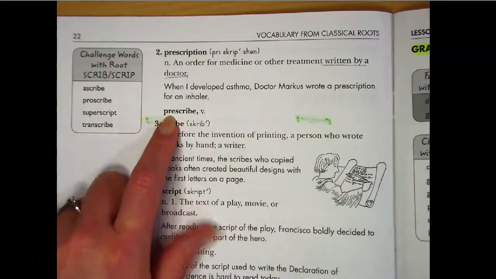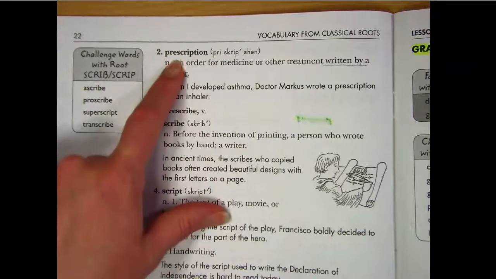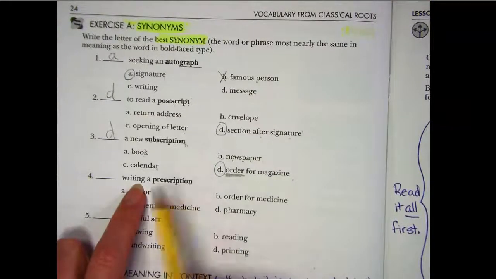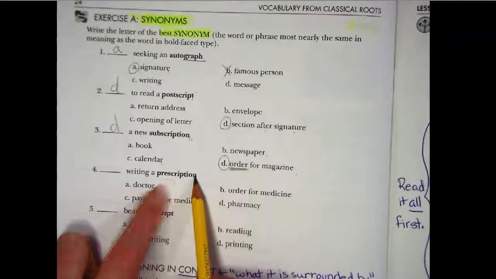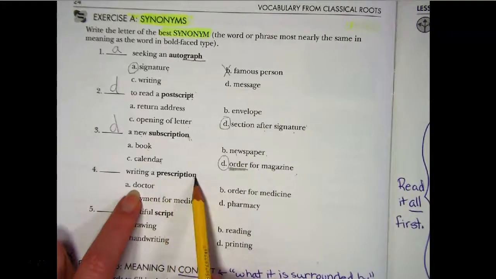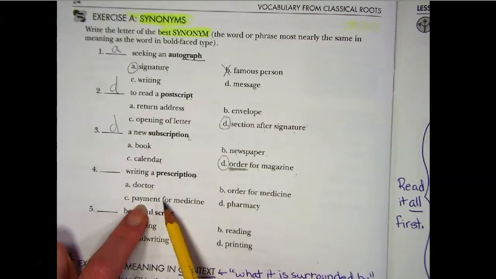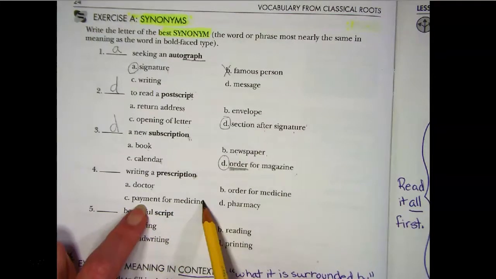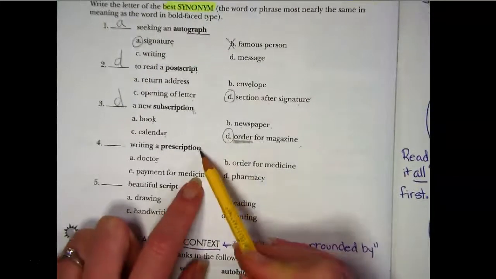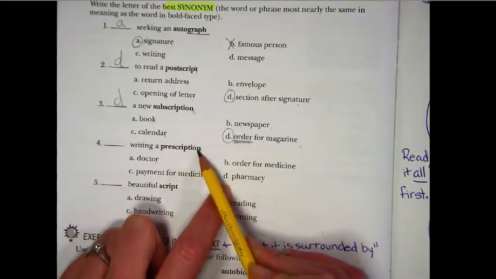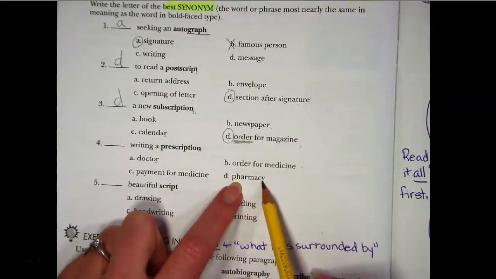You can also prescribe would be the verb for prescription. So let's go ahead and go back to number 4. Writing a prescription. Is the prescription a doctor? Is the prescription a payment for medicine, so you're giving money? Is the prescription an order for the medicine? Or is the prescription the pharmacy?